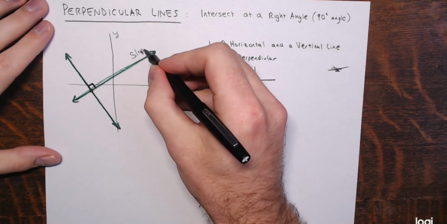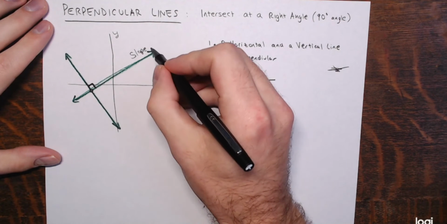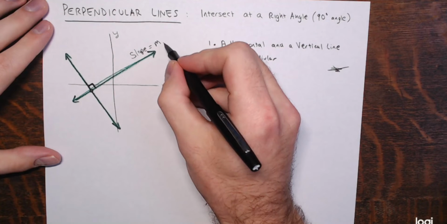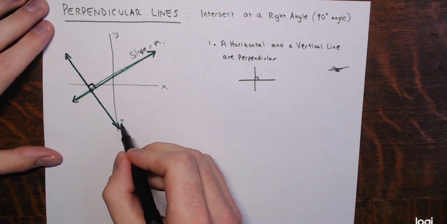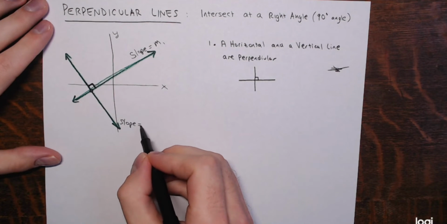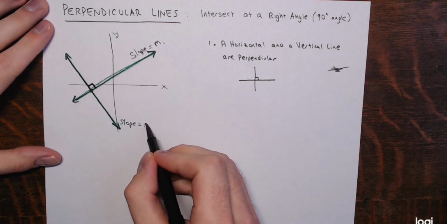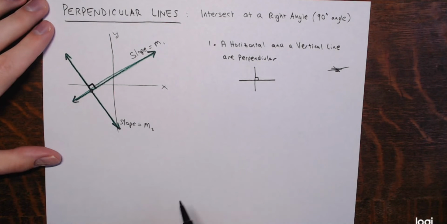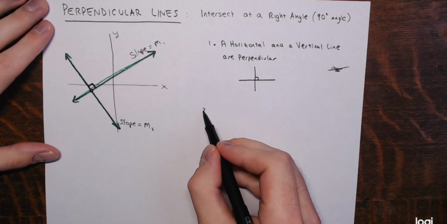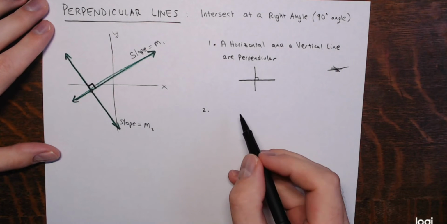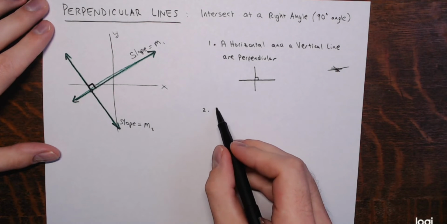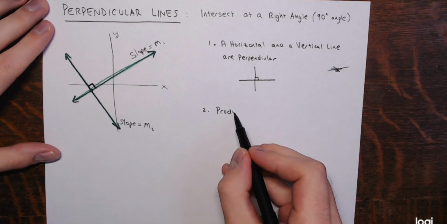So say the slope of this line that I drew is m1, and the slope of this other line that I drew that's perpendicular to it is m2. This is the second case. Right? The product of the slopes.